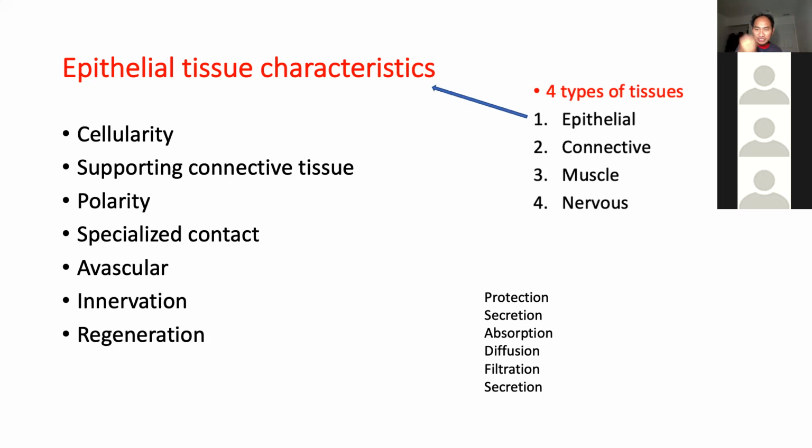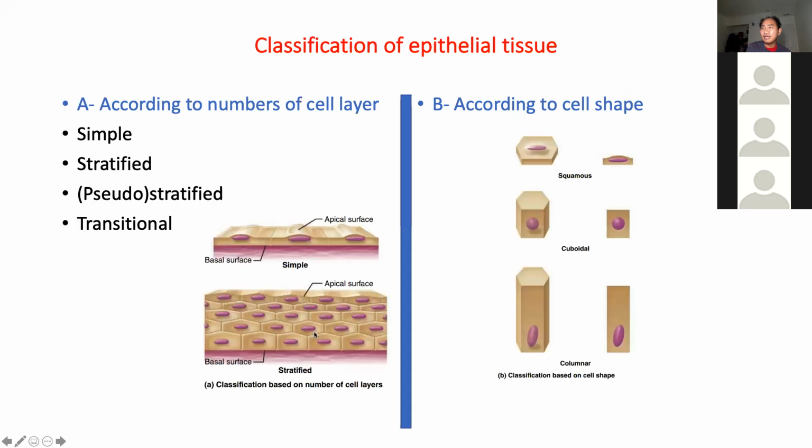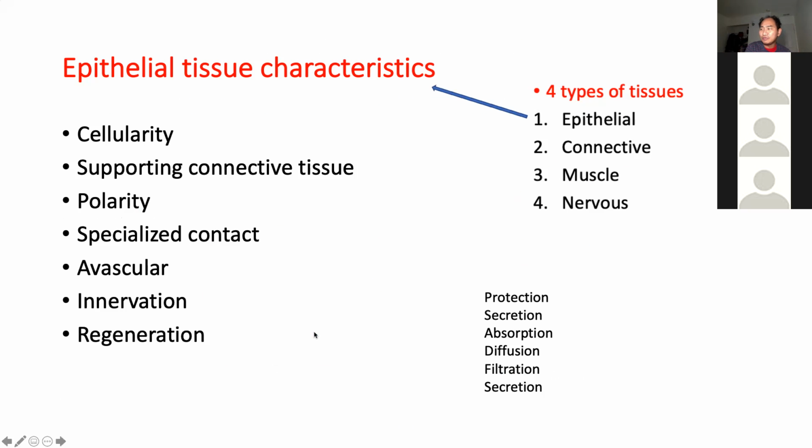Our gastrointestinal tract, from the oral cavity down to the anus, is exposed to the food we ingest and digest, and therefore it is lined by the epithelial tissue. And they do regenerate. There are many functions of the epithelial tissue, as you saw: protection, secretion, absorption, diffusion, filtration.